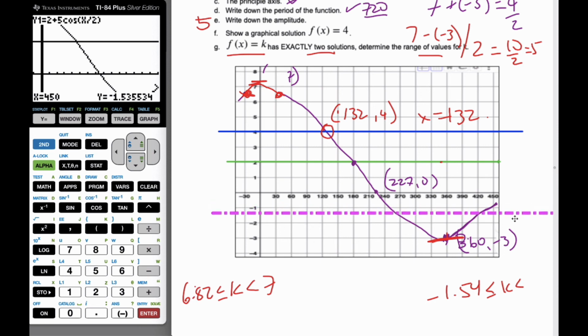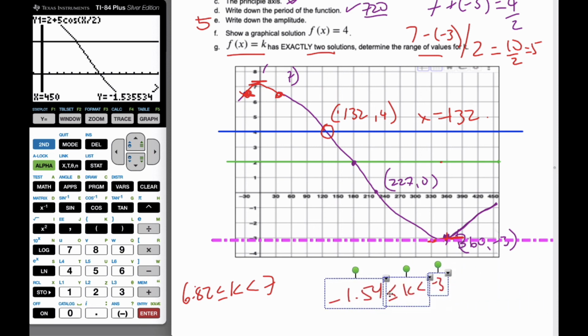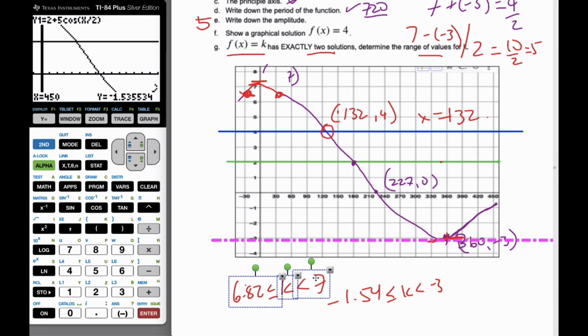So there's 2 solutions, 2 solutions, 2 solutions, 2 solutions, 1 solution, up to, but not including -3. And so when k is on this interval or on this particular interval, there are exactly 2 solutions to the equation. That's quite a more sophisticated kind of problem to work on.